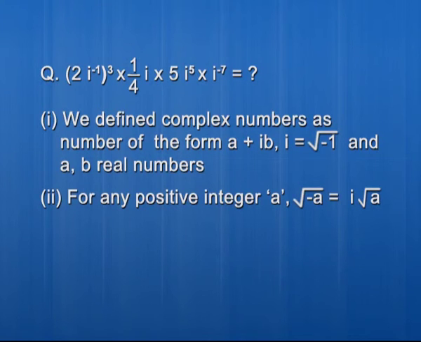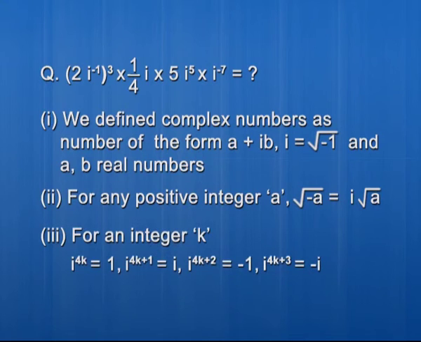We also calculated the powers of i, and so we arrived at the conclusion that for an integer k, the value of i to the power 4k was 1, the value of i to the power 4k plus 1 was i, the value of i to the power 4k plus 2 was minus 1, and the value of i to the power 4k plus 3 was minus i.